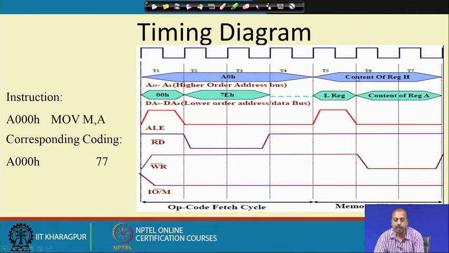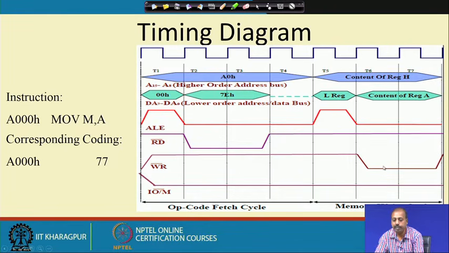The address of that memory location is given by the HL pair. The H register contains the higher order address part, the L register contains the lower order address part, and the ALE signal is given to latch the L register value to the lower order address bus of the memory. Then you see the write bar signal has been made low, and the content of register A is put onto the data bus by the processor.